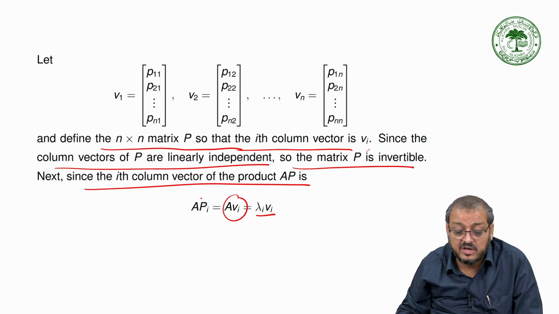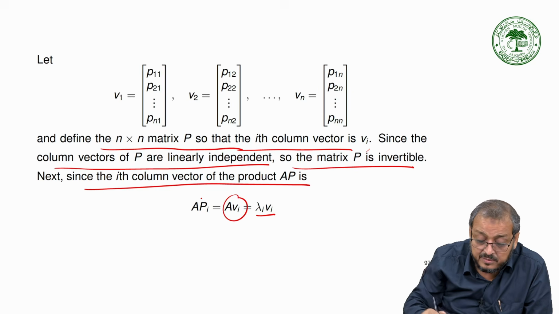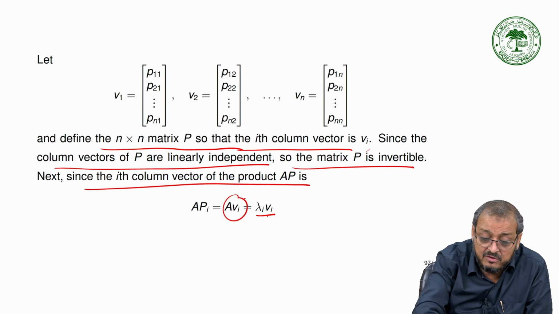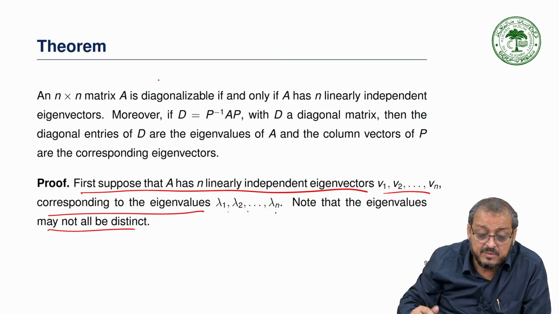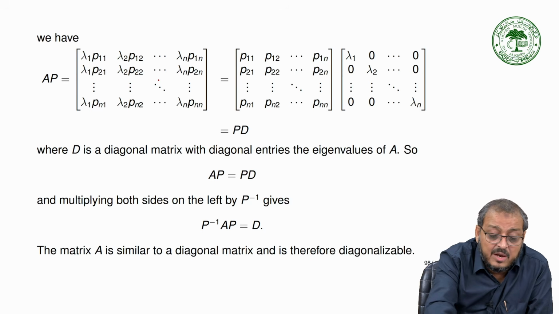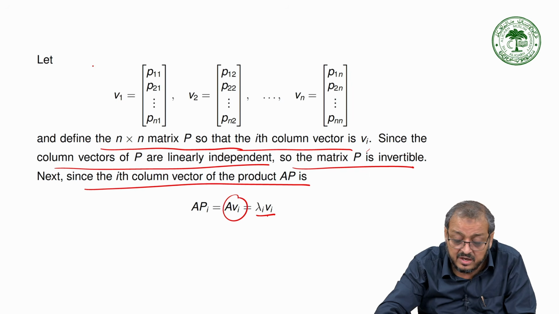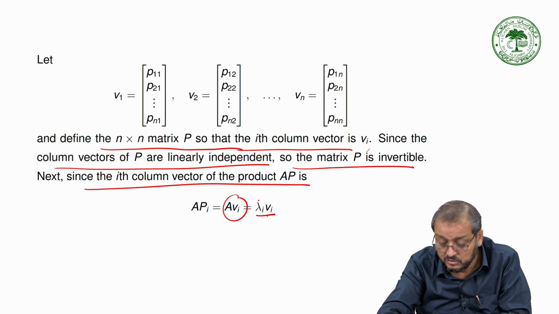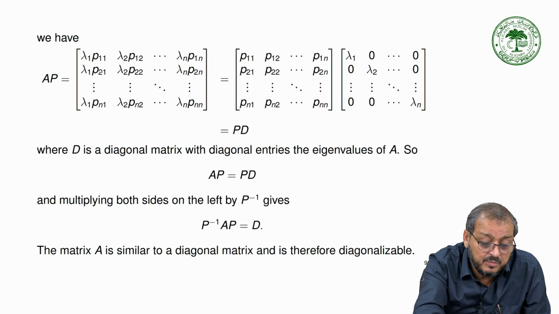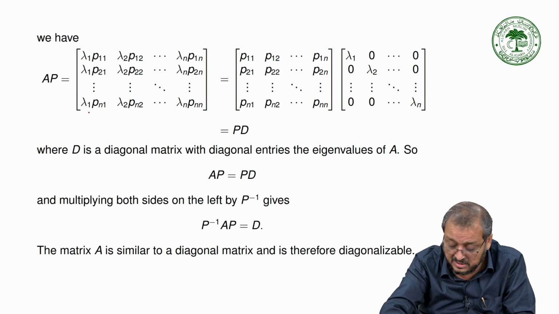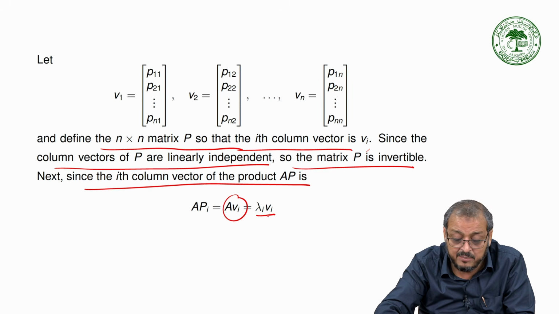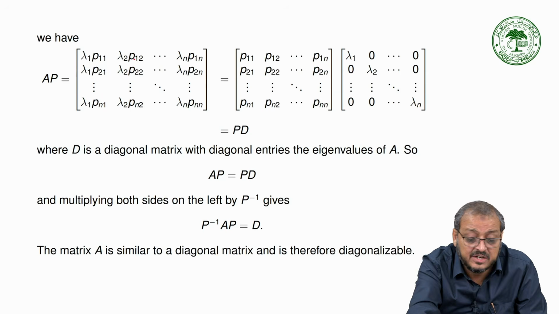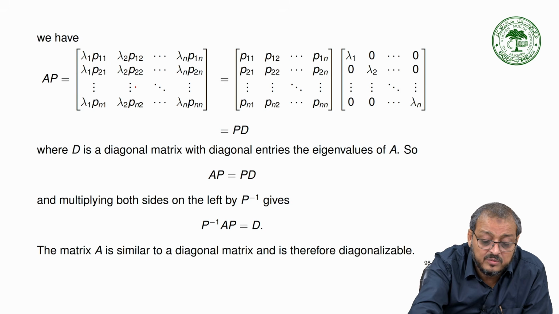So AP can be written with columns lambda 1 v1, lambda 2 v2, and so on, up to lambda n vn, that is, in terms of the columns p1, p2, ..., pn.